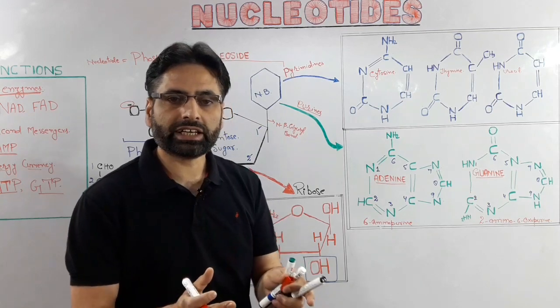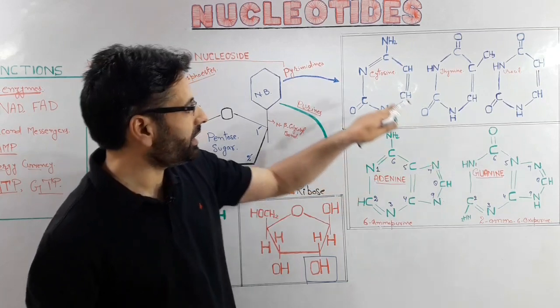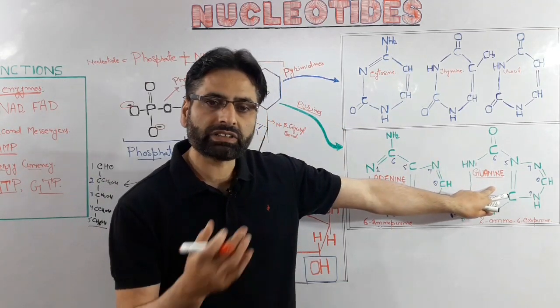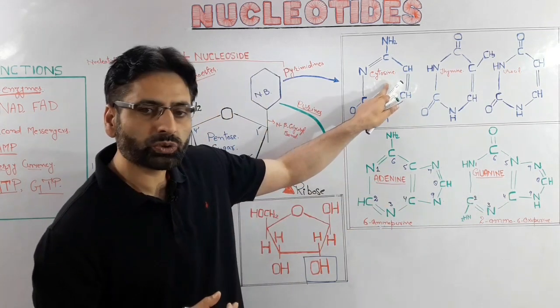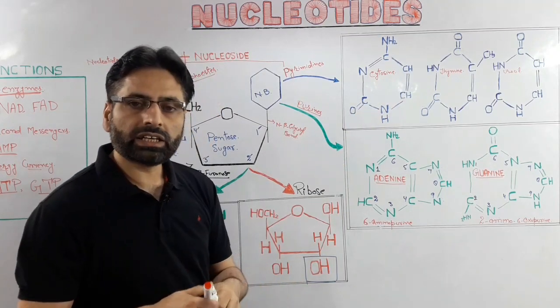Now you can say that among these five nitrogen bases, three nitrogen bases are present both in DNA as well as in RNA molecules. Guanine, adenine and cytosine are present both in RNA as well as in DNA molecules.